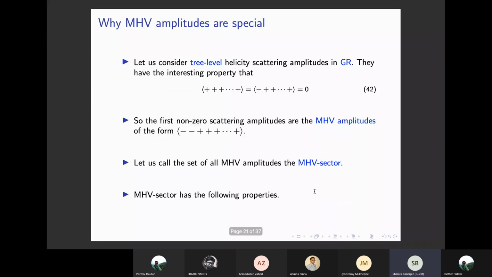But now the tree-level scattering amplitude in GR gives me these two things: all plus and all plus one minus is zero.